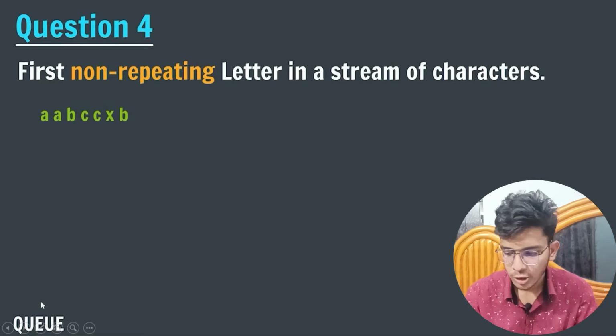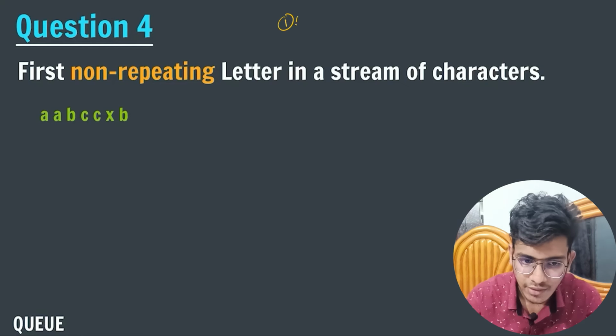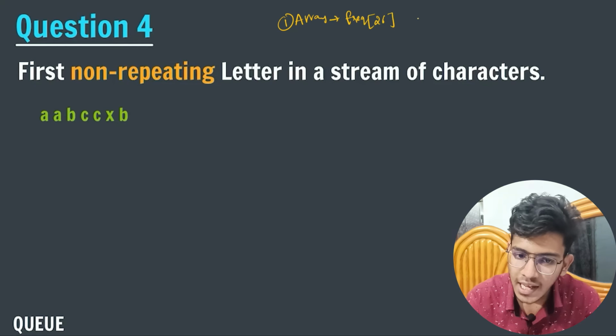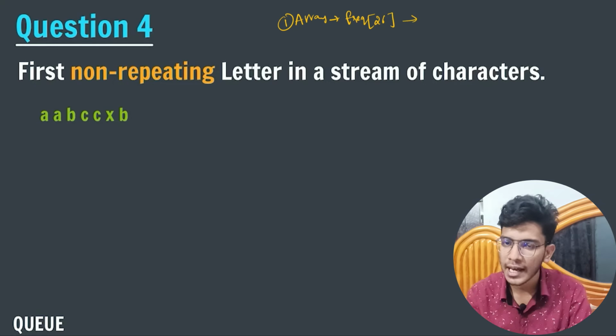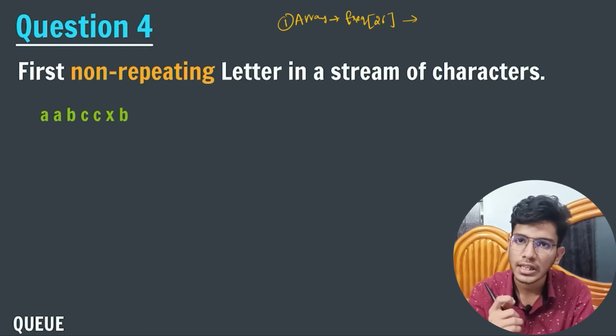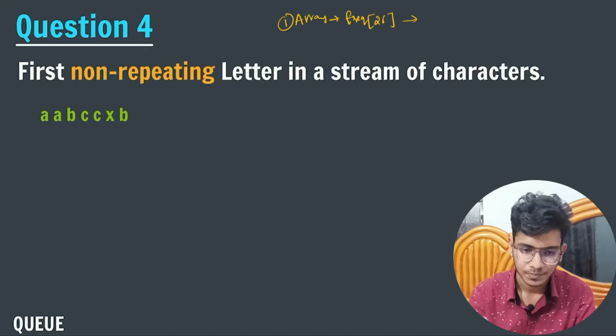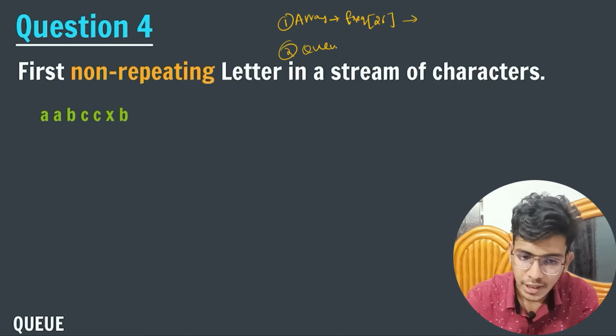I told you that I'm using two data structures. The first one is an array, let us say the name of the array is frequency, of size 26, and this array will store the number of occurrences of each character from A to Z. Here we are assuming that we are only taking small characters. The second data structure we are using here is a queue.